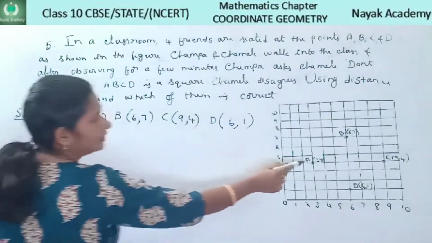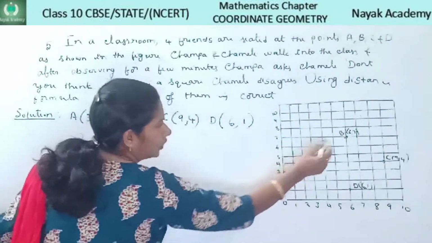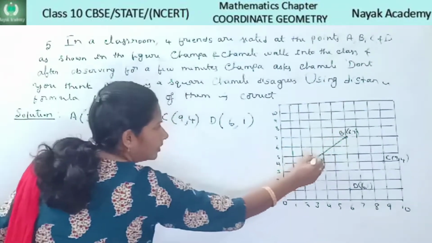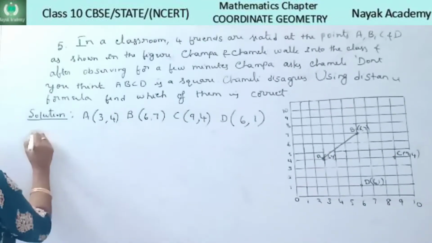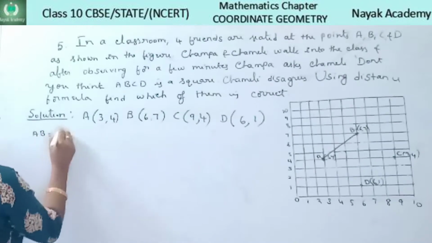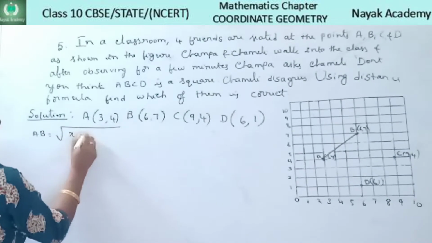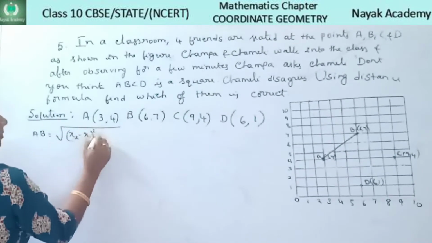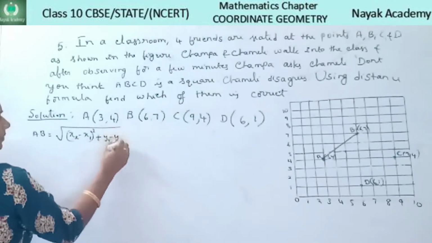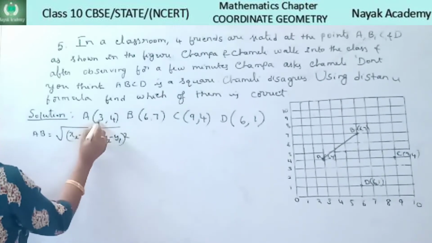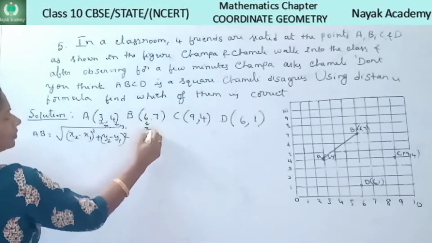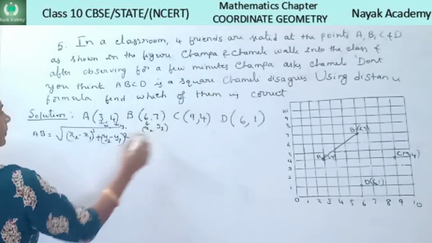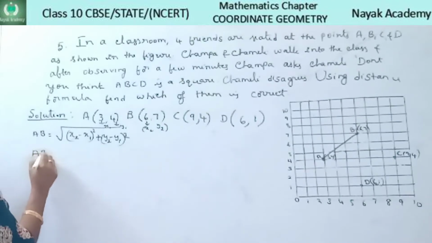First let us find the distance between these 2 points A and B. Let us apply the distance formula: root of x2 minus x1 whole square plus y2 minus y1 whole square. So let us take this as x1, y1, x2, y2. Substitute the values.